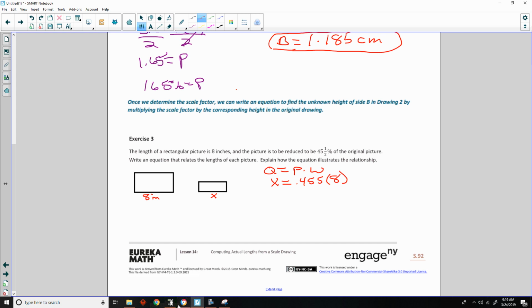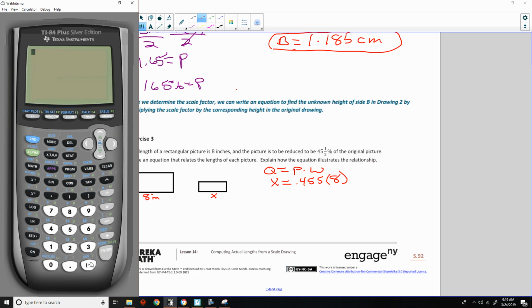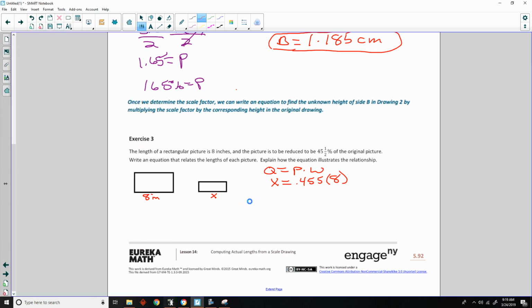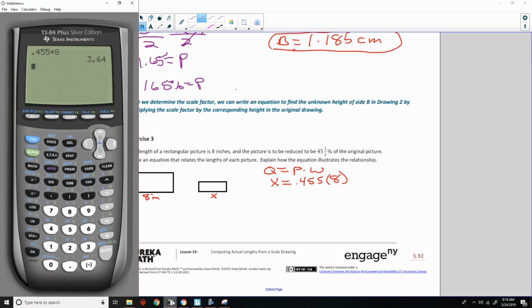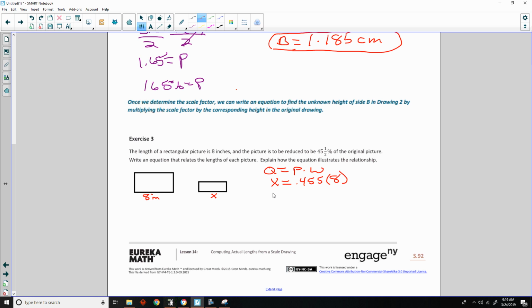So when I get my calculator out, I do 0.455 times 8. 0.455 times 8 is 3.64 inches.